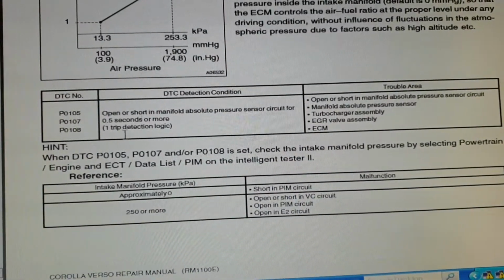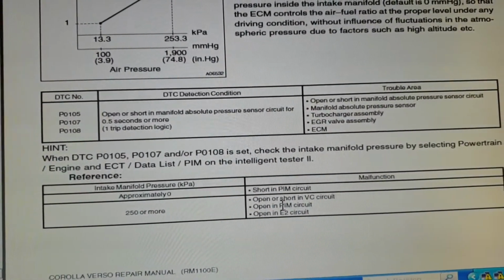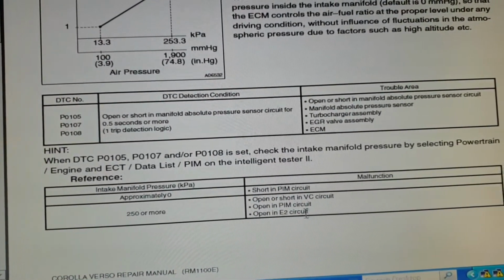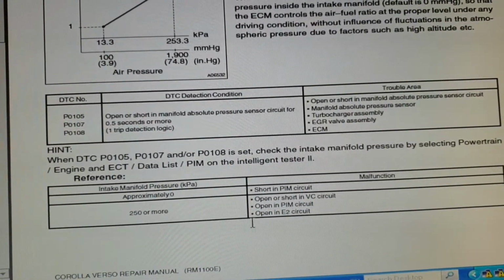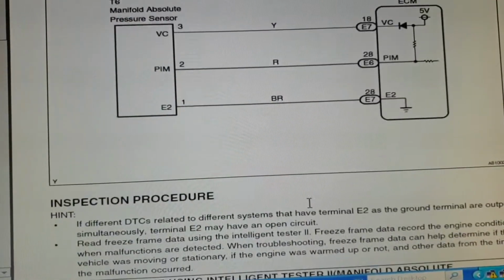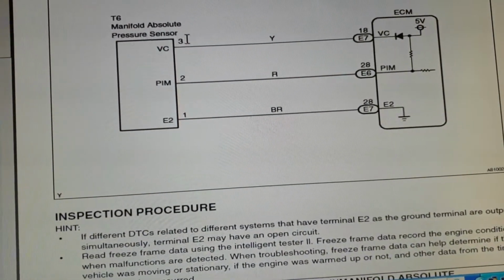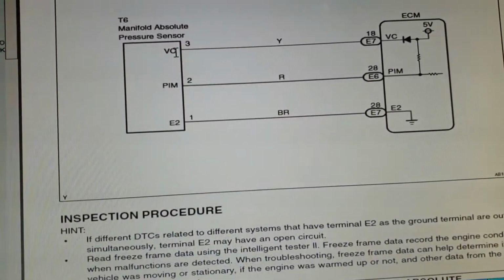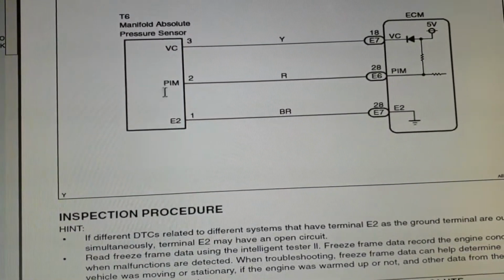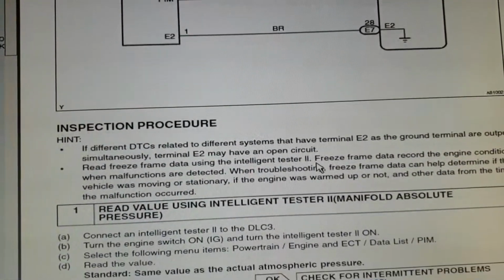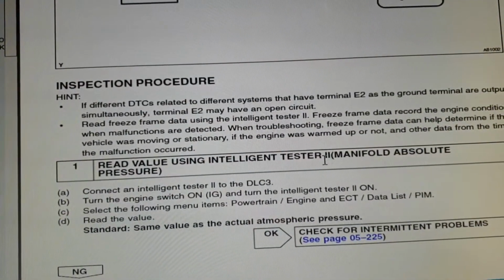That's the connector pin code, the pin code: VC, PIM, and E2, which is here. That's the manifold absolute pressure sensor. Anyway, this is the procedure.